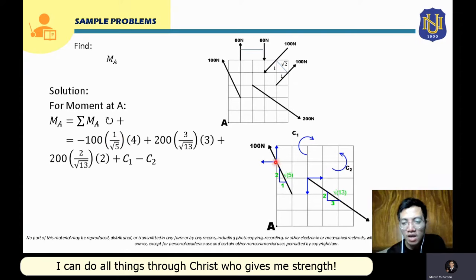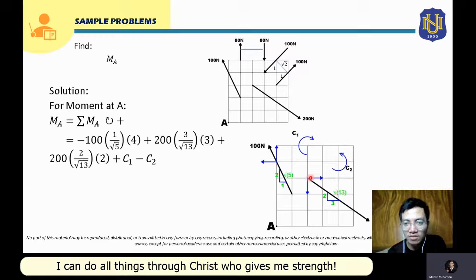Now, the moment arm of that horizontal component, if we take the moment about point A, will be 1, 2, 3, 4. That's why it will be 4 here. And its rotation about point A will be counterclockwise. That's why it will be negative here. Now, for your 200 Newton force here, we solve for the horizontal and vertical components and their moments.